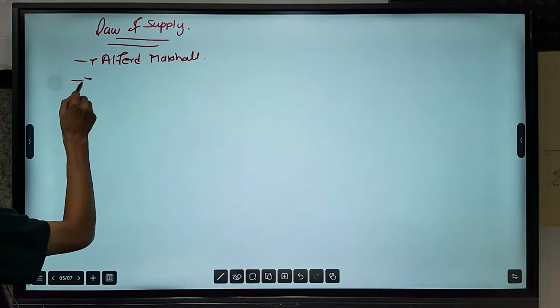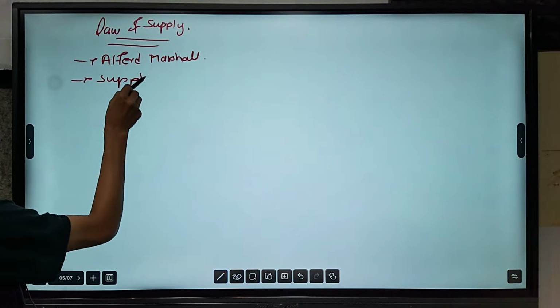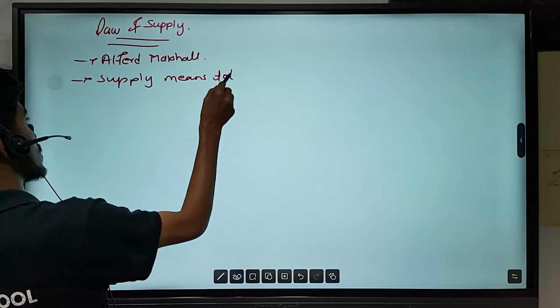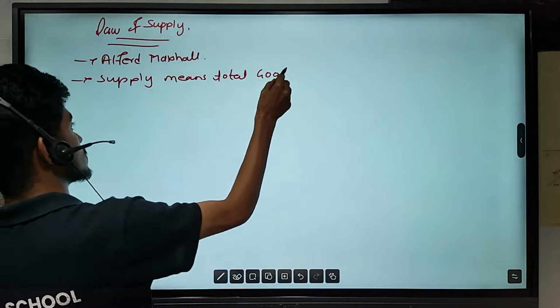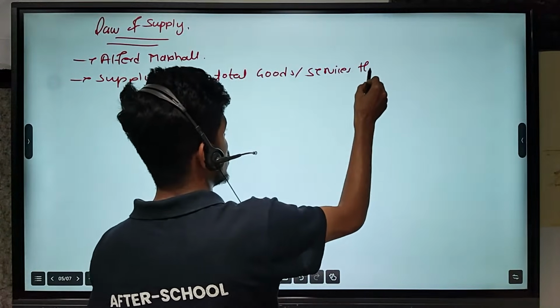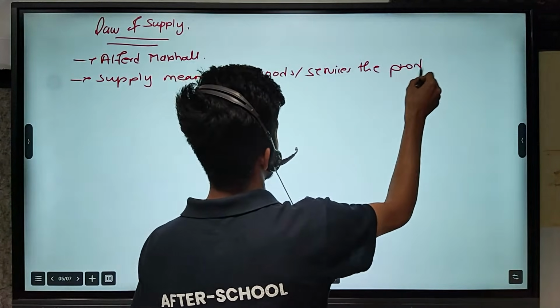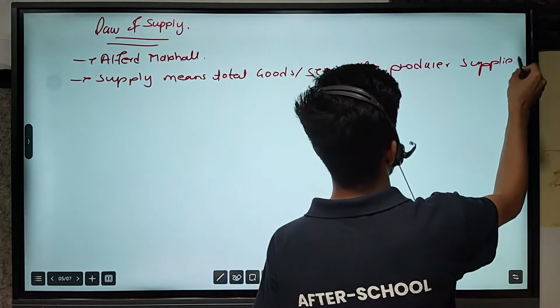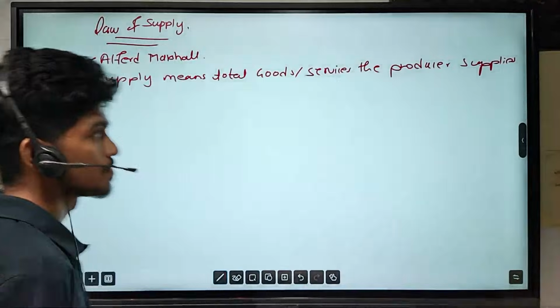Now read the meaning of supply. Supply means the total goods and services the producer supplies at a given price.